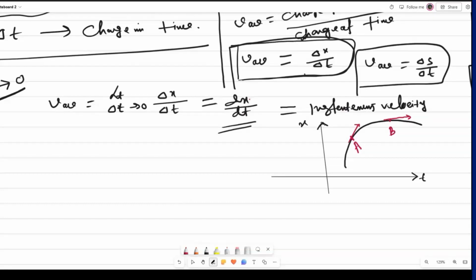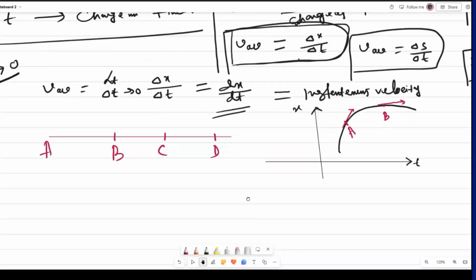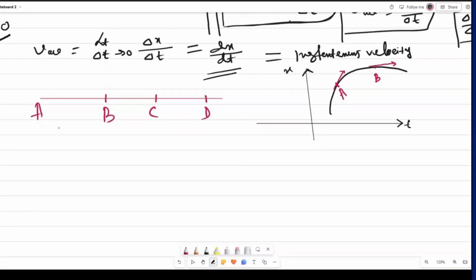This x is a function of time. The displacement of a particle may be along a straight line, but with time it is changing. Say A, B, C, with this as the origin, it started from here and went to these positions. The displacement is changing.